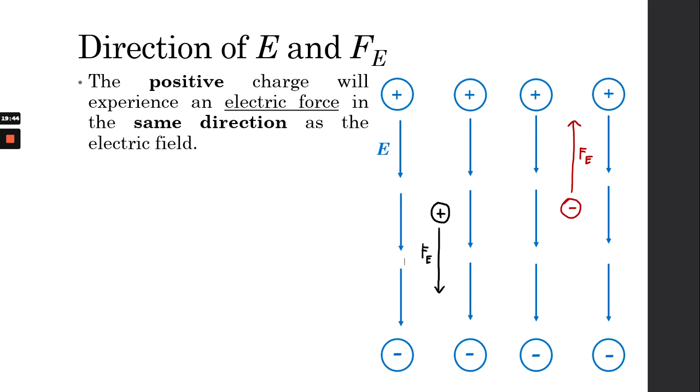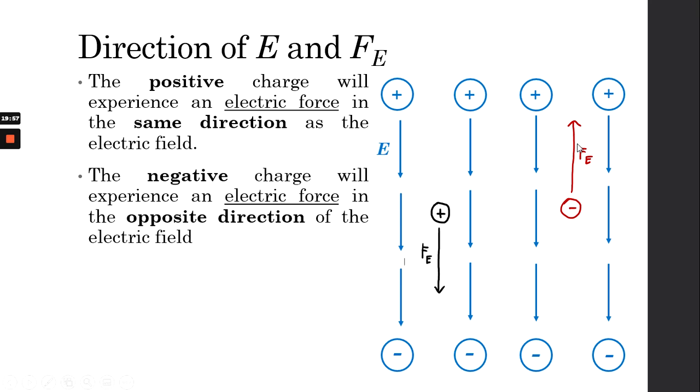So just remember that if you have an electric field and you introduce a negative charge, the direction of the electric field and the direction of the electric force should always be in opposite directions. And if I have a positive charge, the force that the positive charge will experience will always be in the same direction as the electric field.